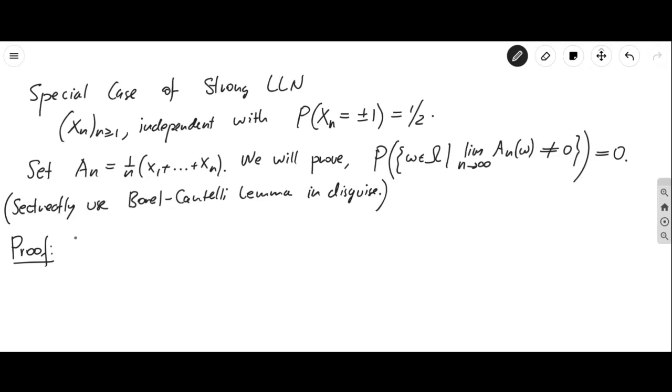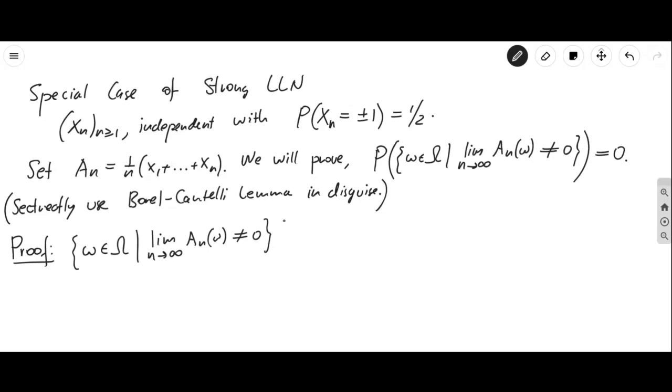So we can write it like this. So the event consisting of sample points such that the limit of these random variables at the sample point does not converge to 0.